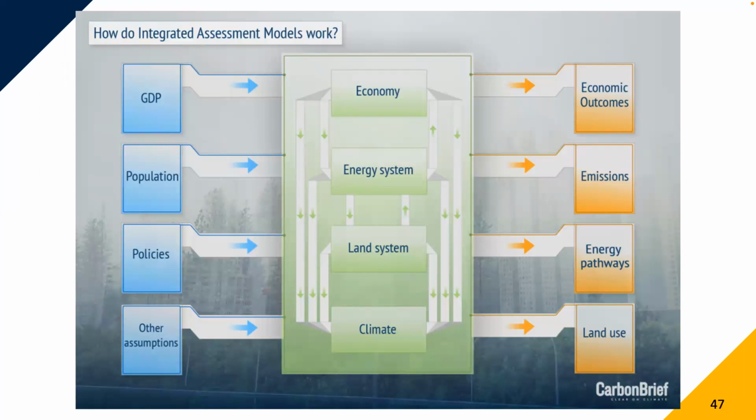So this is the basic set of things. You have all of your input assumptions. It goes through some kind of modeling cycle here. You can have human factors, economy, energy system that feed into your environmental factors, land system, climate, and then you get a bunch of outcomes here.